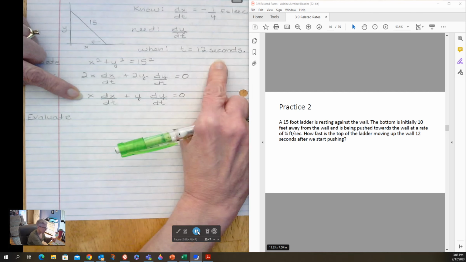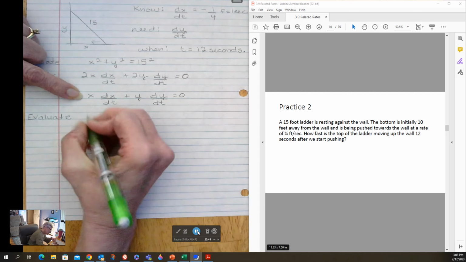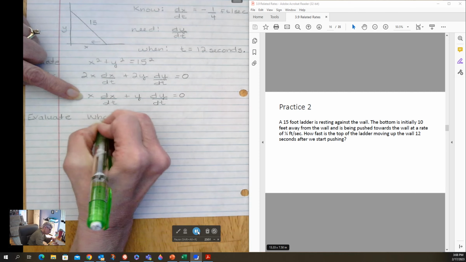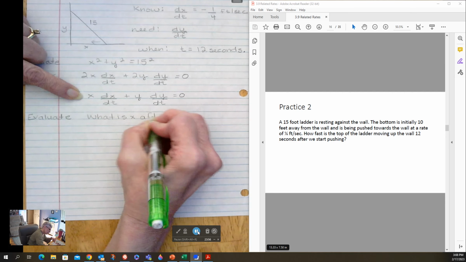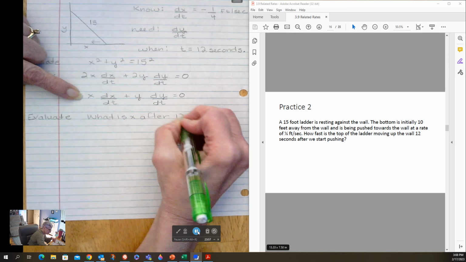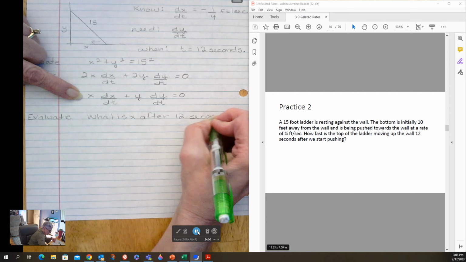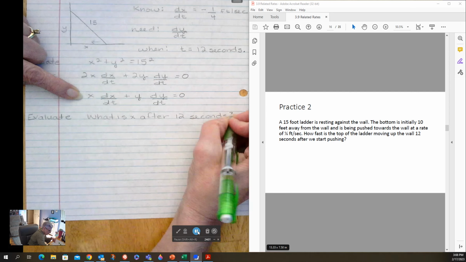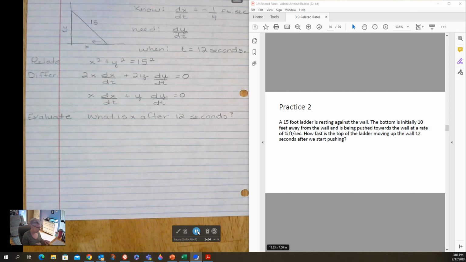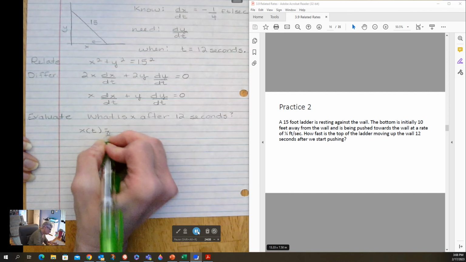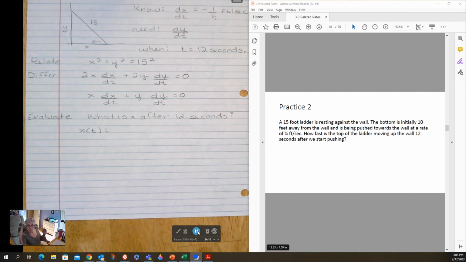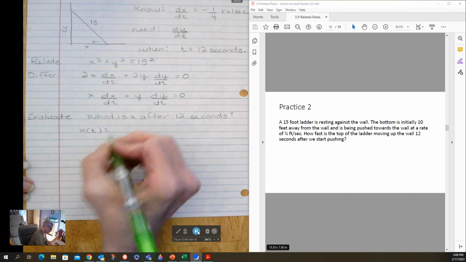I know my t is 12 seconds. I need to know what is x after 12 seconds. I can write myself a little function for that. x after t seconds is equal to, it starts out 10 feet from the wall.